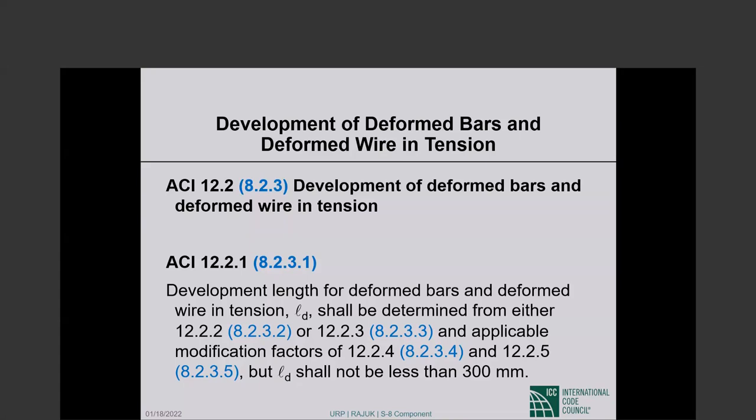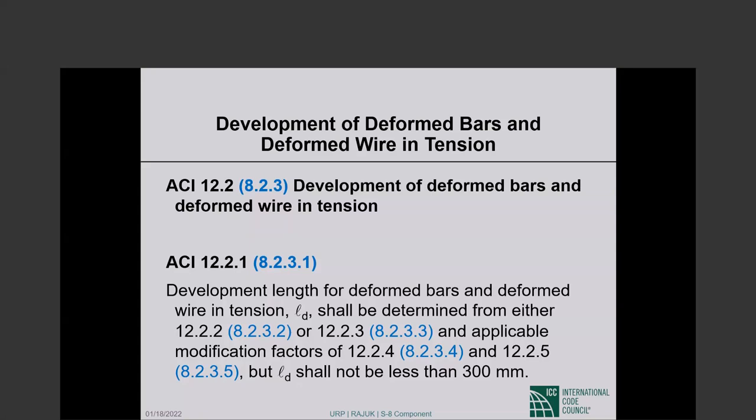The plain versus deformed distinction I didn't bring up in our basic discussion. Plain bars is where we started. Plain bars have very little bond with concrete, because the only bond is by adhesion and basically friction between the bar, which may have some rust or whatever, and the concrete.